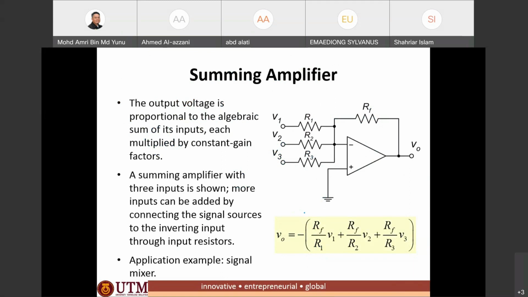But in the summing amplifier, the output will be 180 degrees out of phase, or negative. An example is the signal mixer, where you need to mix the inputs, represented by the output.